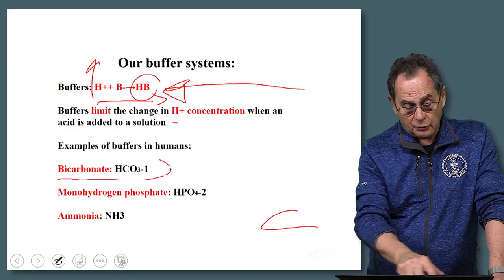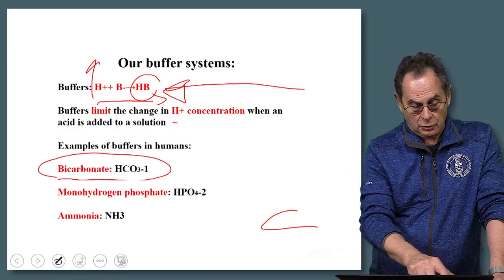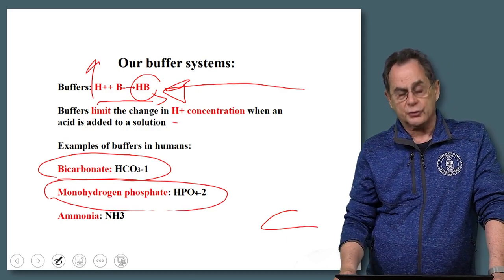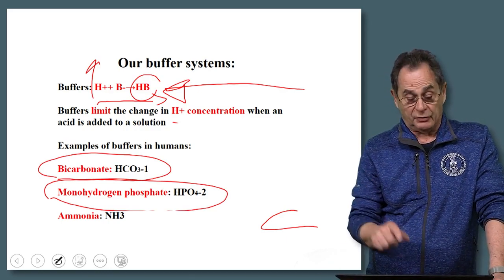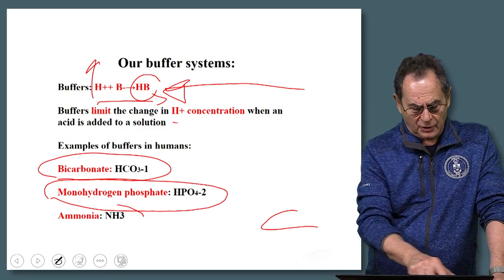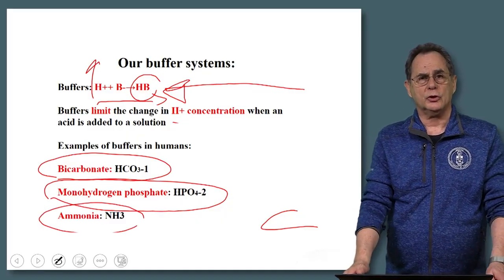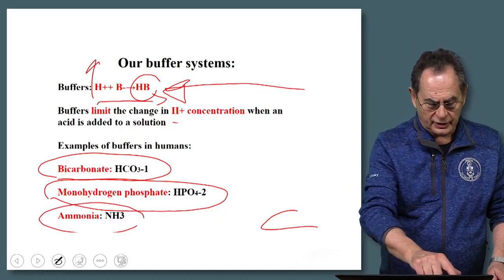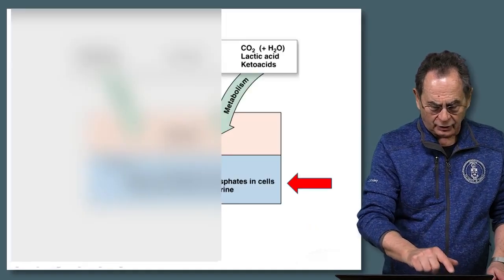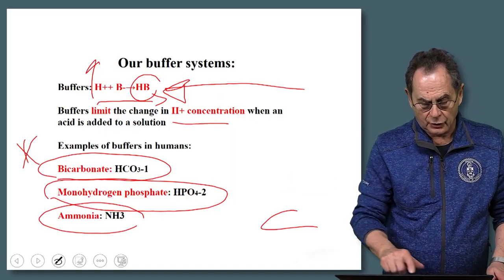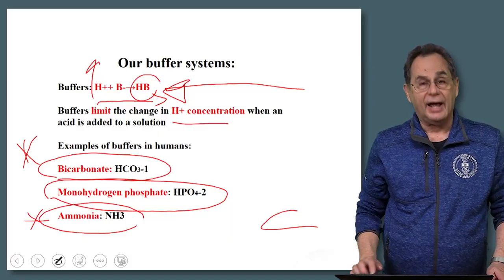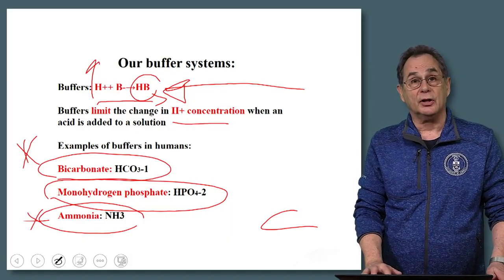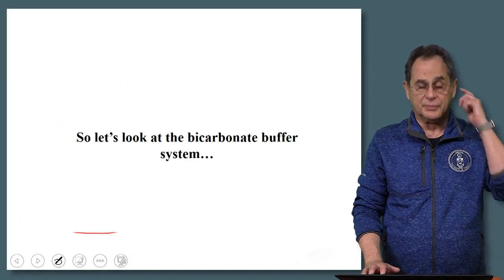Examples in humans are bicarbonate, monohydrogen phosphate, which is something the kidney uses. We're not going to talk too much about it, and ammonia, which we're going to talk a lot about. And these are the two key ways that are regulated and influence the kidney's ability to maintain acid-base balance.